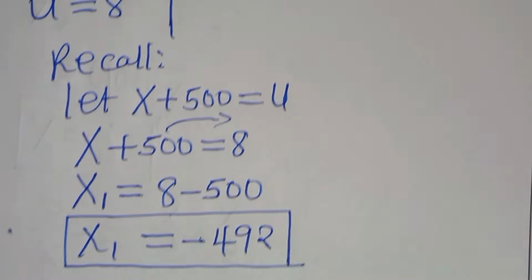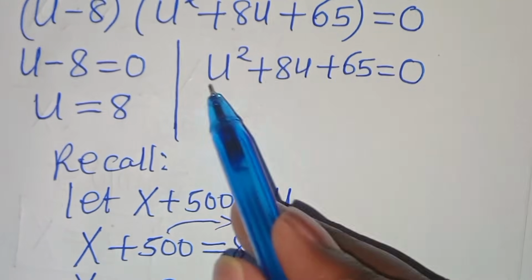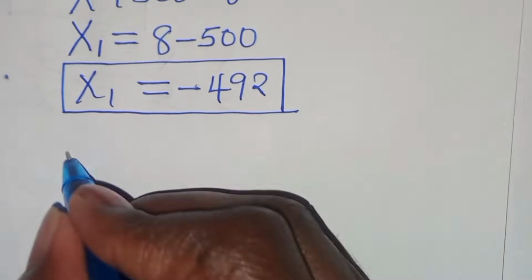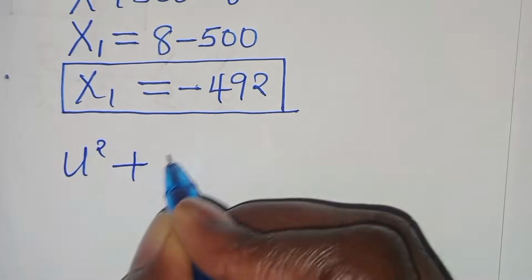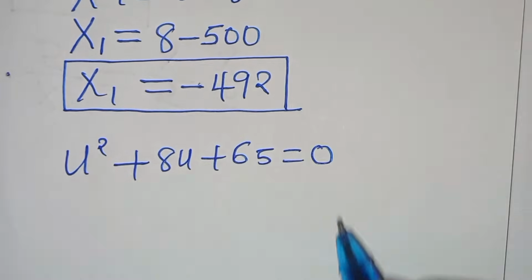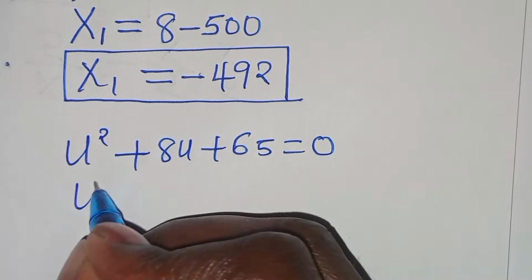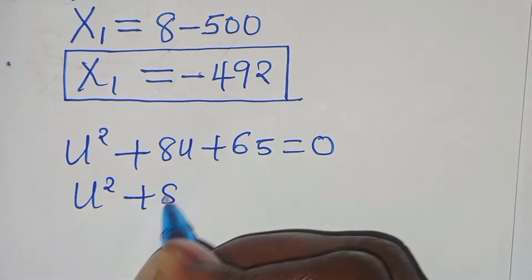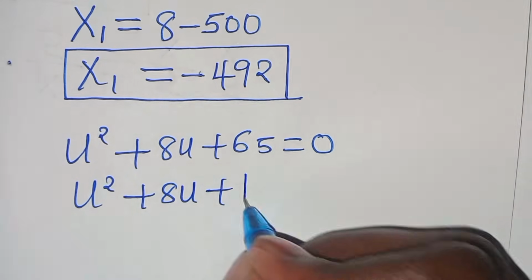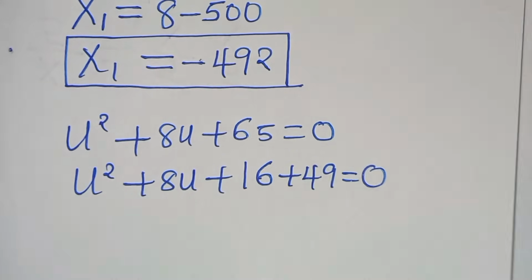Now we have u^2 + 8u + 65 = 0. This is a quadratic equation. We can write 65 as 16 + 49, so u^2 + 8u + 16 + 49 = 0.